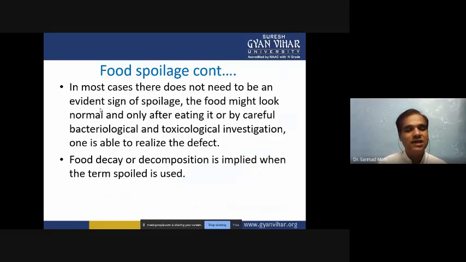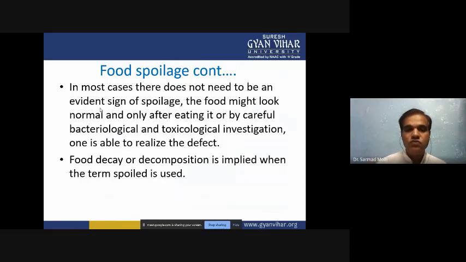So only by bacteriological and toxicological investigation can we say that the food material is spoiled. When any food starts spoiling, we can't recognize it just by looking and tasting.